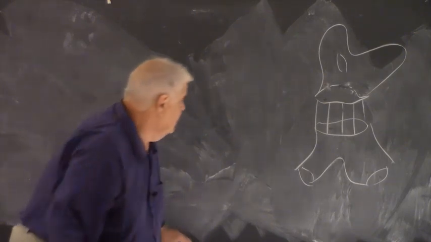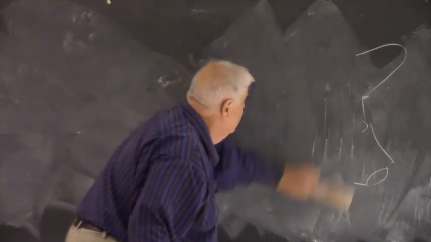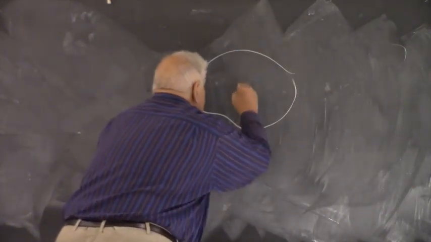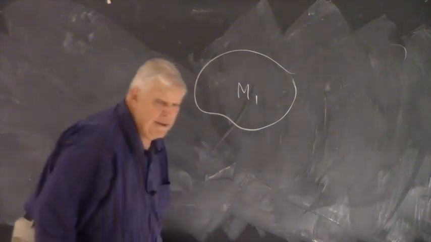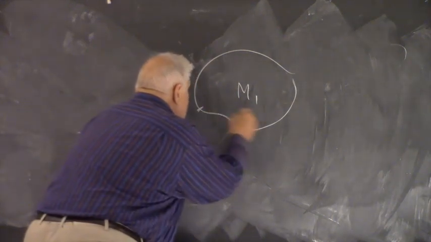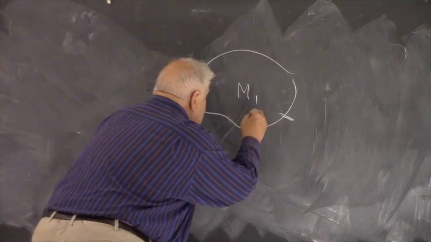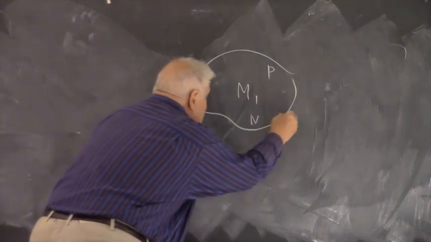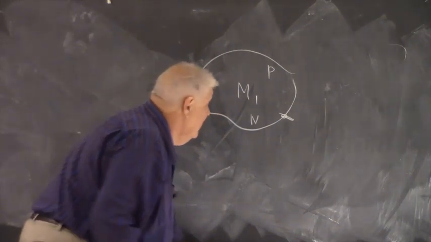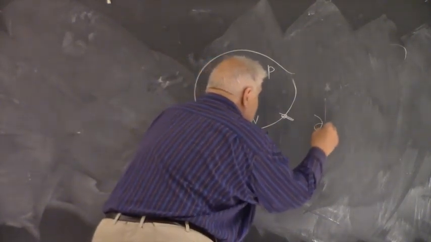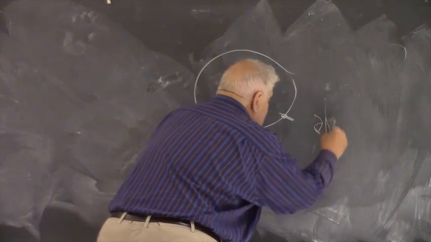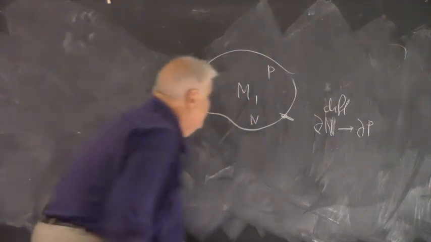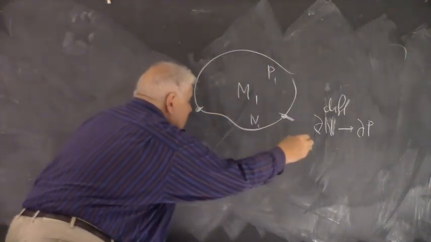Suppose that M1 is a manifold with boundary. This is M1. But the boundary of it itself is obtained from manifolds N1 and P1 by attaching with respect to some diffeomorphism between dN1 and dP1.